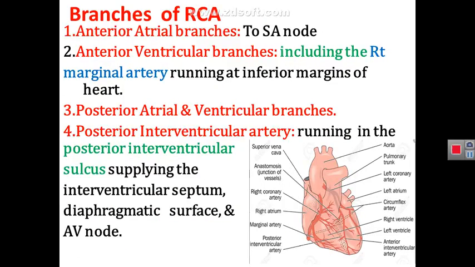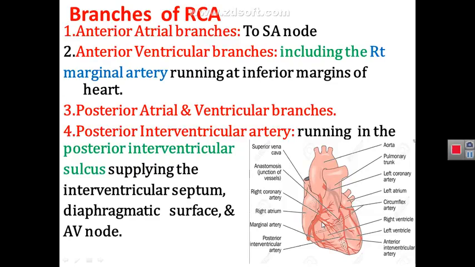Branches of the right coronary artery include the following. First, it gives branches to the right atrium, which are called anterior atrial branches.